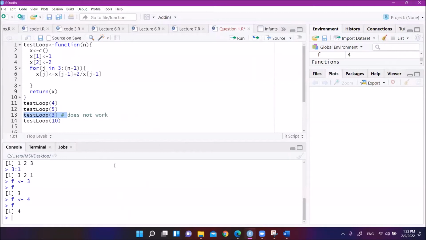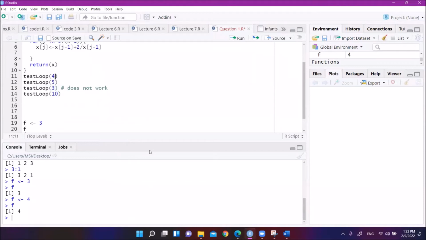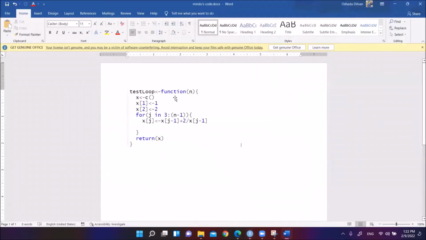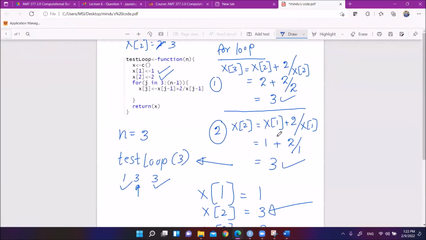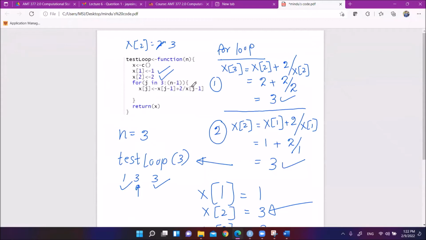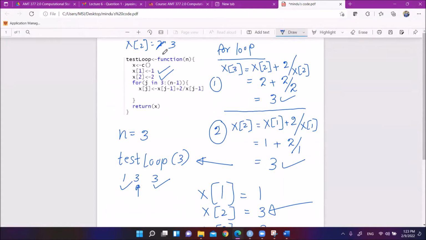You can manually write things and see what was going on, why it's not happening to n is equal to 4. So you all can individually study this just by scribbling out things like this. I hope this is understandable. Any question here? Is this clear?